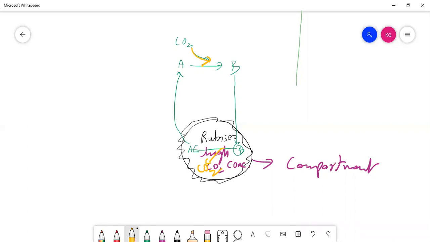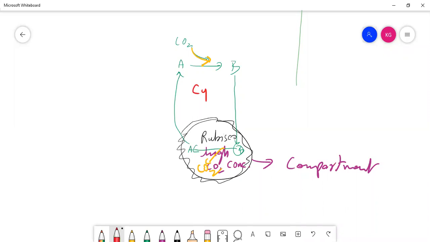Yes, sir. Okay. And my friend, let me tell you now, for your surprise, this set of carboxylation and decarboxylation reactions is called the C4 pathway.